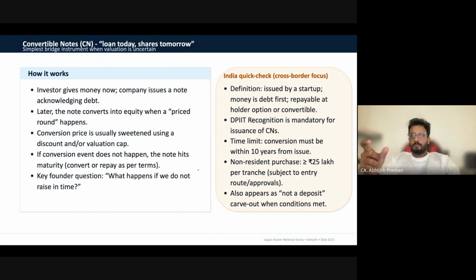If you have to do a convertible note, it has to be 25 lakh per tranche, I mean, a minimum of 25 lakh and above is permitted. It also does not appear as a deposit, with a carve-out, but that's from the legal point of view. I'm not going that much deeper.